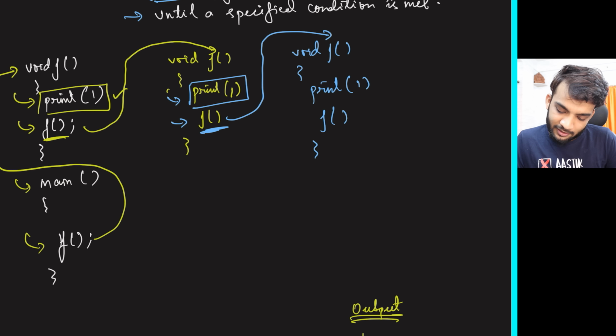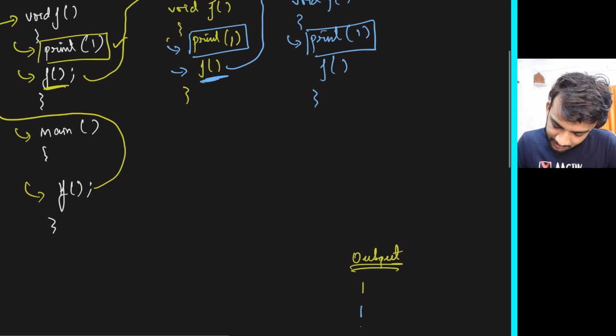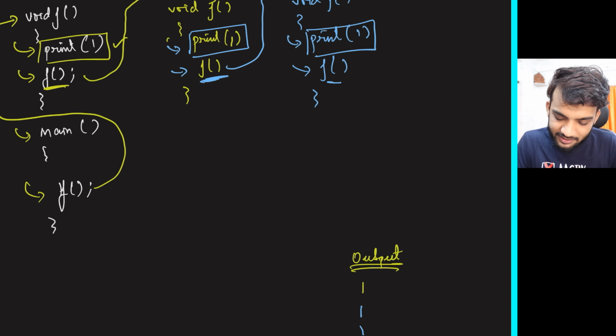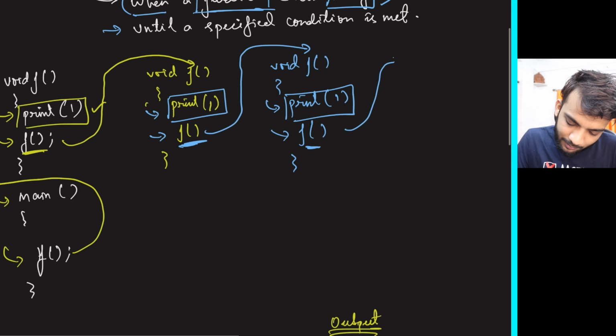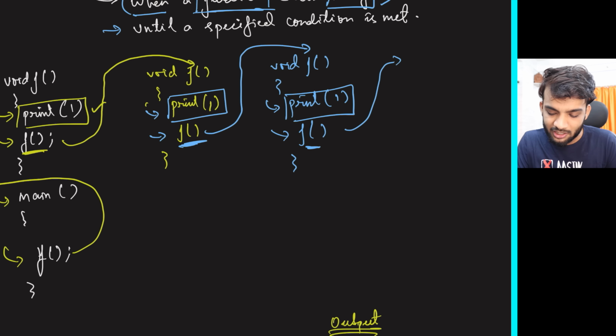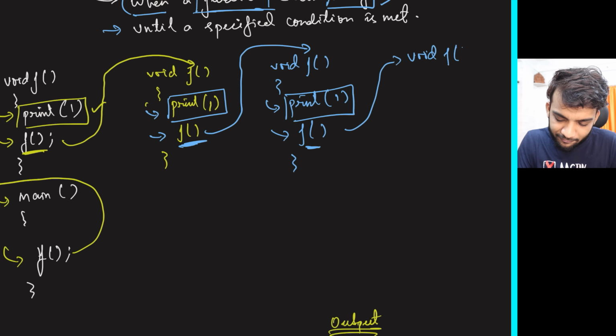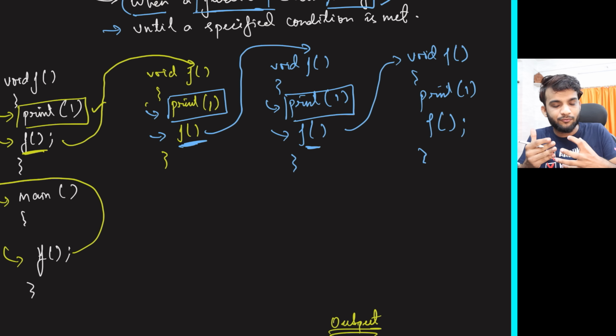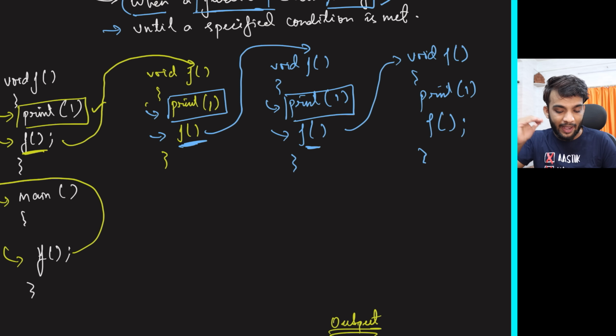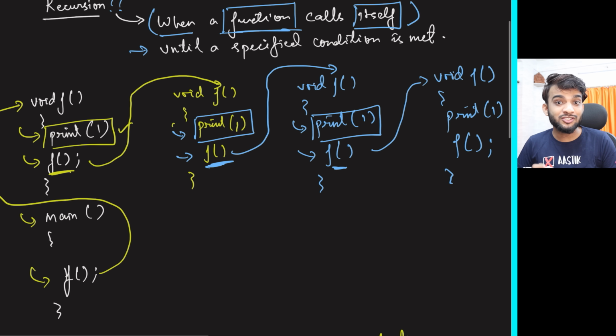Perfect. So again this line will be executed, print 1. And again this line calls one more same function in memory, which is void f, and again it prints 1, and after that again calls f. So if you write the program, this keeps on going forever. Why? Because there is no stop condition.